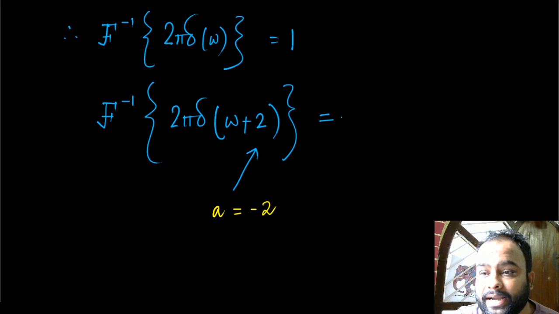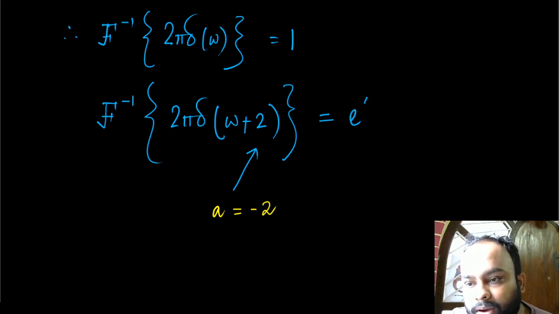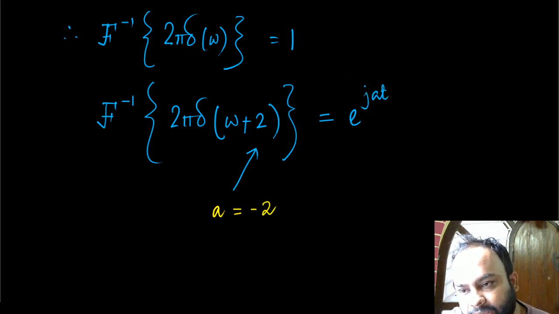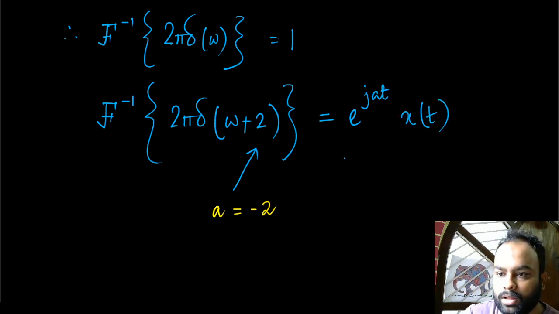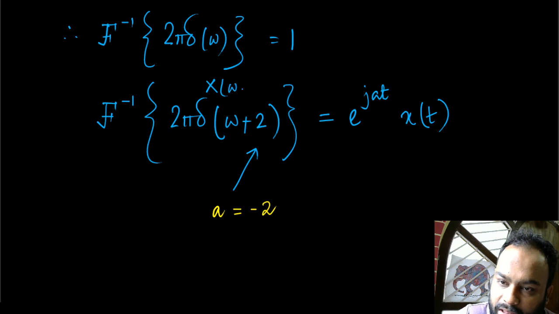So with that said, this is going to be e to the power jat x(t), and the Fourier transform of e to the power jat x(t) is basically X(omega minus a). This is the particular term.